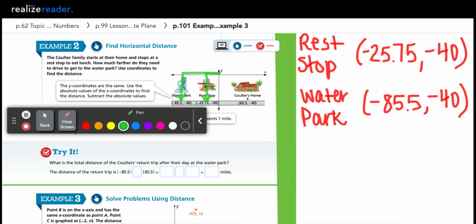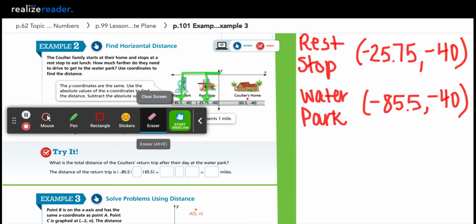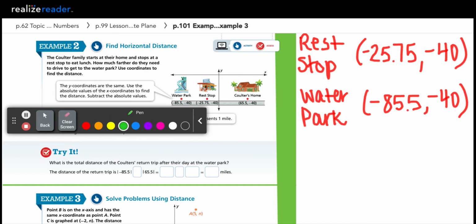Okay, so if you look at these two ordered pairs, we want to figure out which ordered pairs are different here. Well, our x values are different. So we are going to be using those x values to help us find the distance between these 2 points.